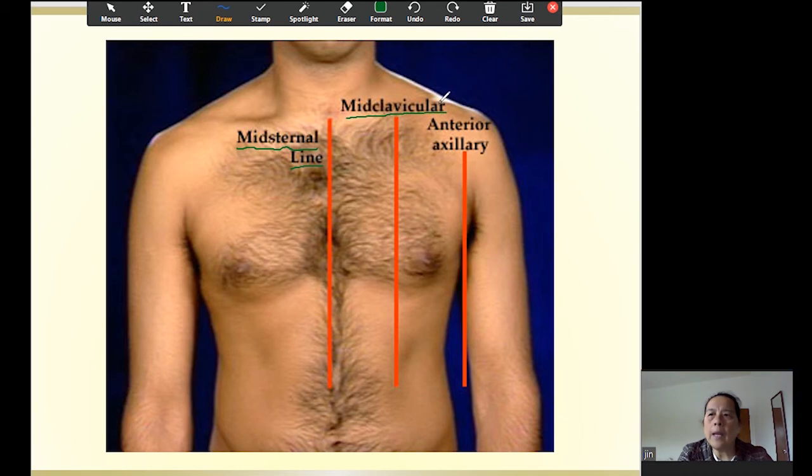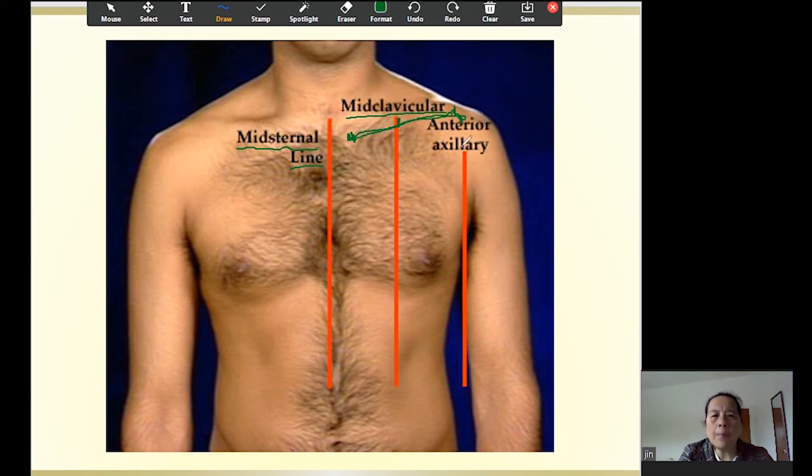For the middle clavicle line, basically, we find the height of the clavicle bone on the two sides, and then we find the middle, then make a line going down. That's the middle clavicle line.